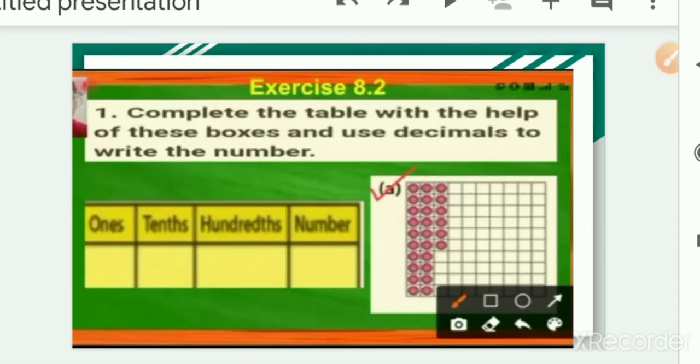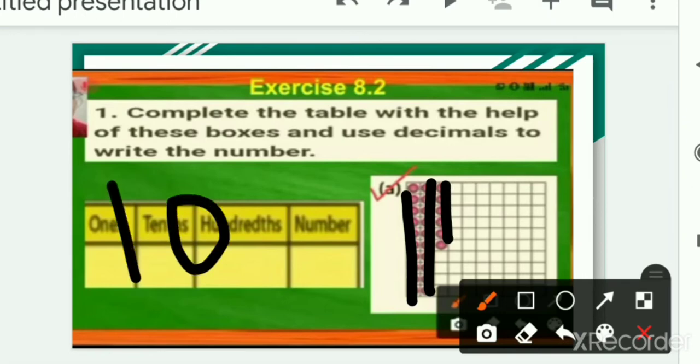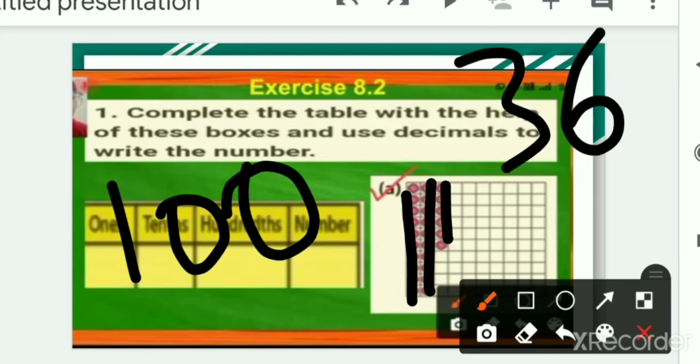Now next we have exercise 8.2. Let's see what is given to us. These are the lines, one line, two lines and 6 dots. So it means it is a 100 square box. Out of that, how many are covered? 36 are covered, right?